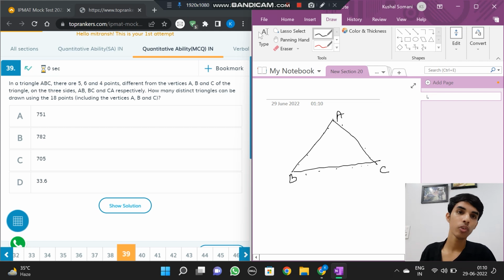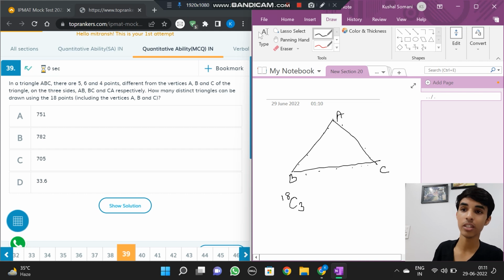So first of all, again, this is an easy question. We can calculate the number of triangles using the combination formula. That is, there are 18 points and we need a combination of 3 points to form a triangle. So the number of triangles can be provided by this formula of 18C3.